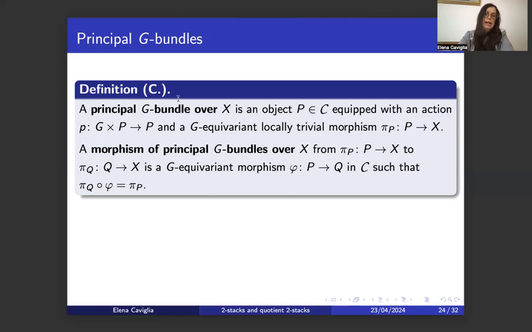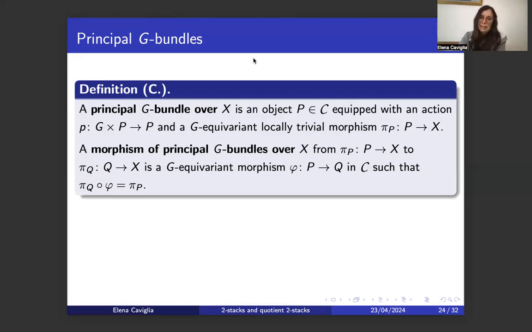In particular, the case of topological spaces can be obtained when the category is the category of topological spaces, and the Grothendieck topology is the standard Grothendieck topology. So the covering families over a topological space are just the usual open coverings of the topological space. So the morphisms are just inclusions.